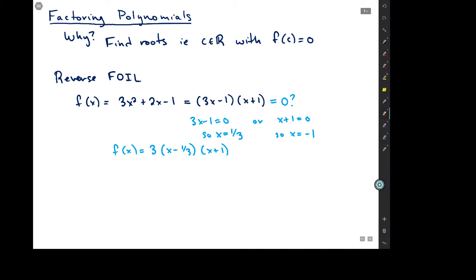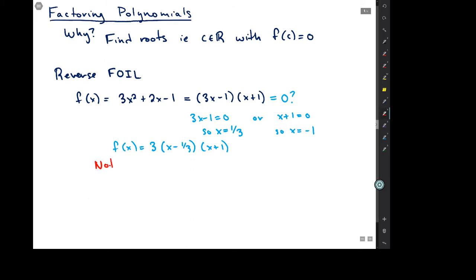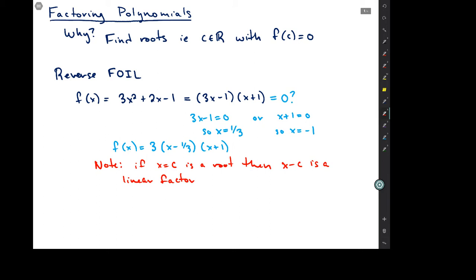So the thing to note here is that if x equals c is a root, then x minus c is a linear factor. We had that x equals 1/3 was a root, and so x minus 1/3 was a factor. x equals negative 1 was a root, and so x minus a negative 1, so x plus 1, was a factor.